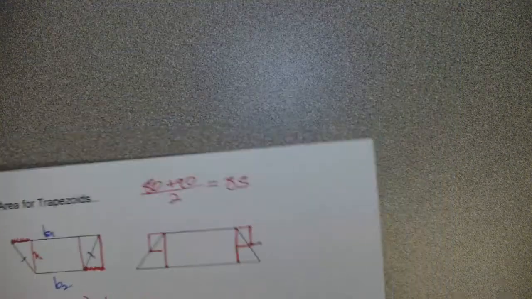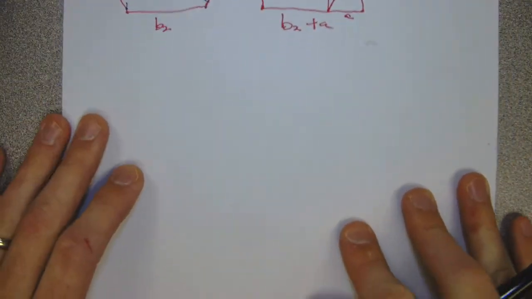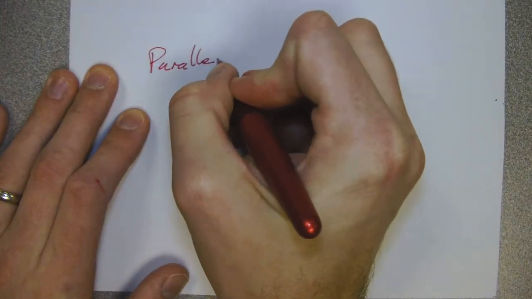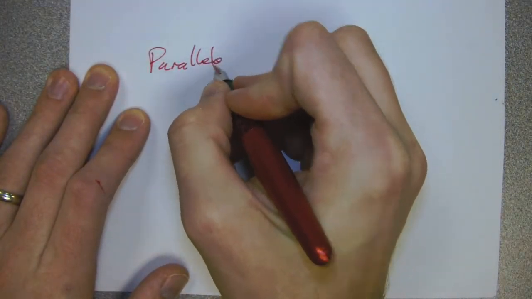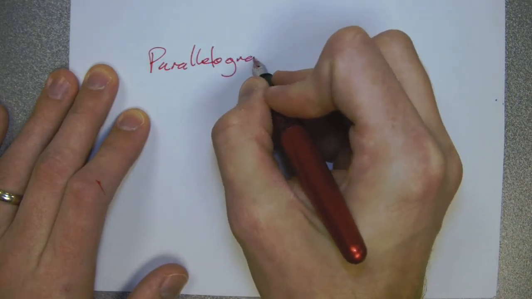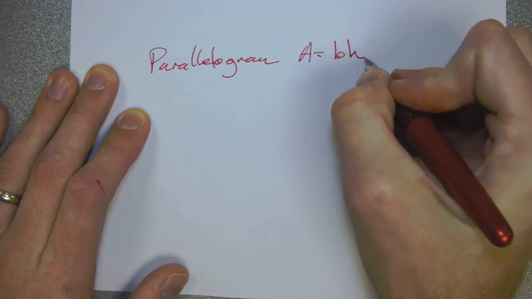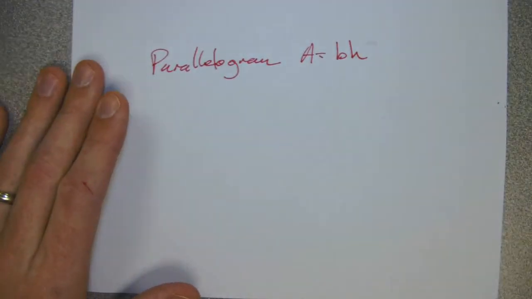So, quick review. If you've got a parallelogram, then our area formula is base times height. All right, and that works for any parallelogram.